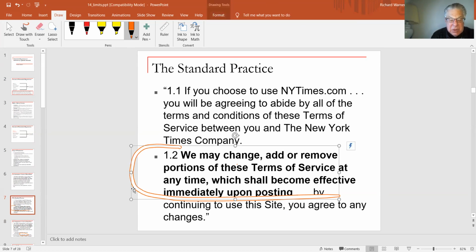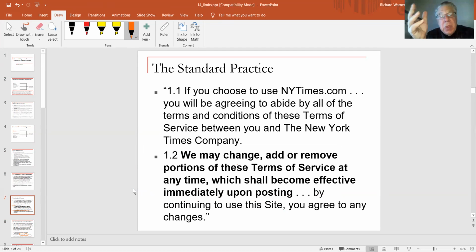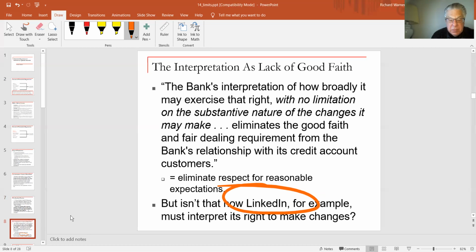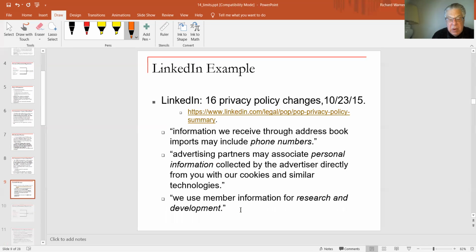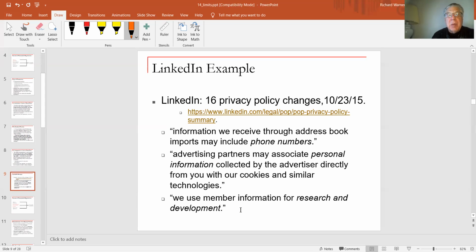And that gives us both a theoretical and very practical problem of exactly how to interpret these. Should we go with the Beatty court and say this alone is evidence of lack of good faith and fair dealing? So there's the LinkedIn example again, just to remind us of how big the changes were.